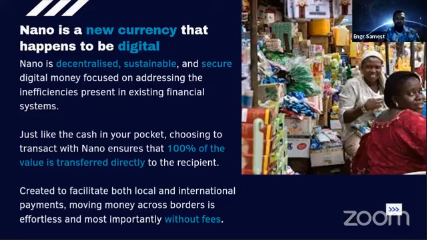It is decentralized, sustainable, and secure digital money focused on addressing the inefficiencies present in the existing financial system. It means that in the existing financial system we have, there are inefficiencies and problems that people face in our traditional finance that we use in our day-to-day activities.